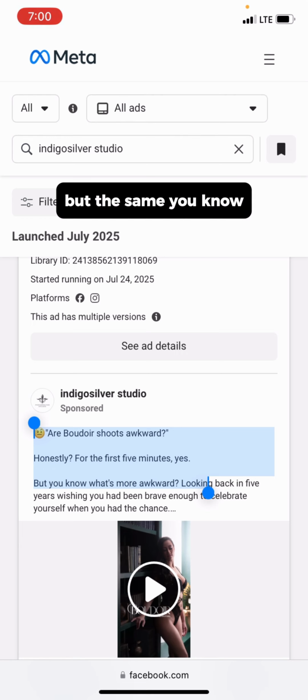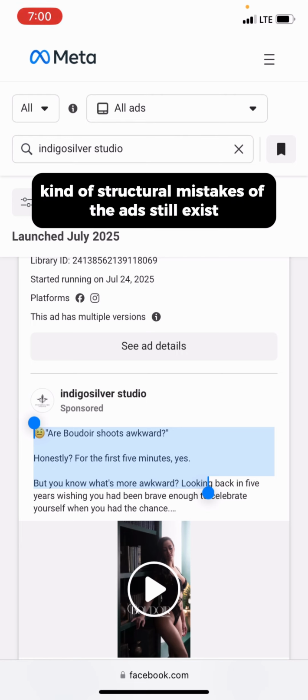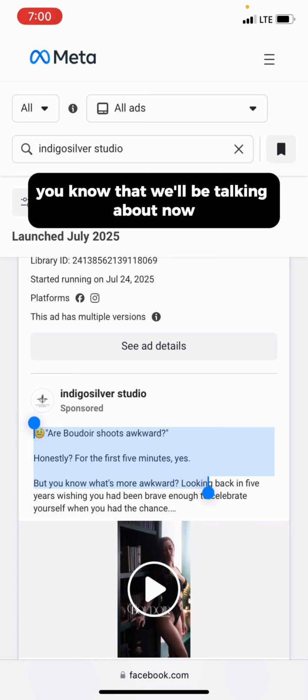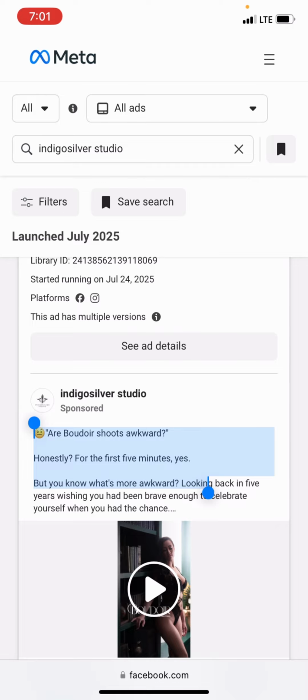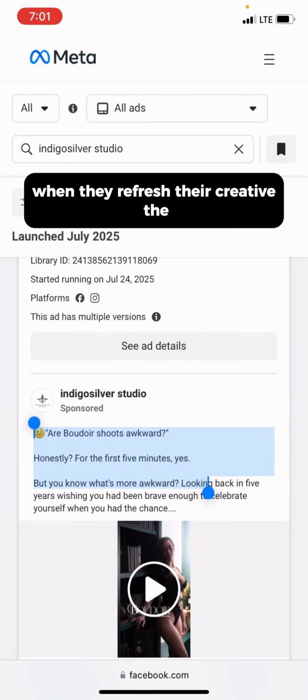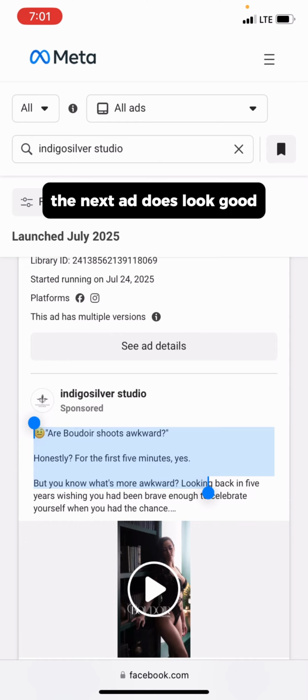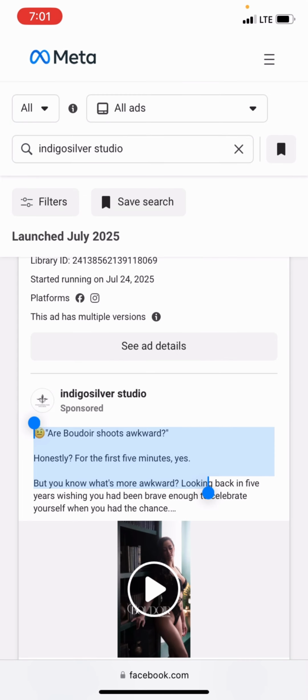But the same structural mistakes of the ad still exist. And these are the 10 mistakes that we'll be talking about now. Because the 10 mistakes still exist when they refresh their creative, the same thing happens. The next ad does look good at the beginning, but then dies off quicker and quicker.